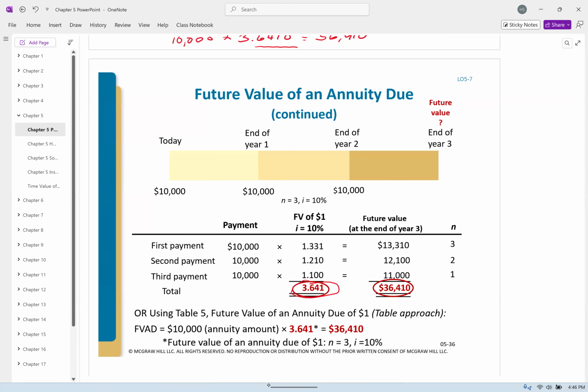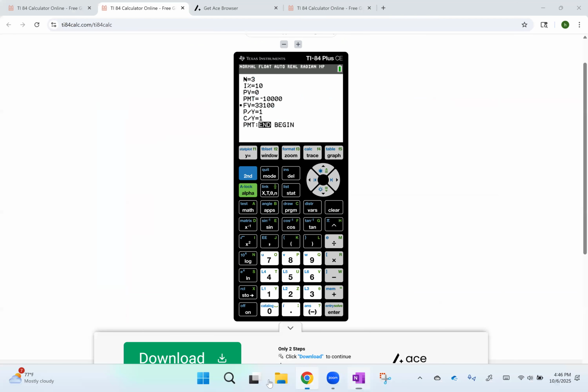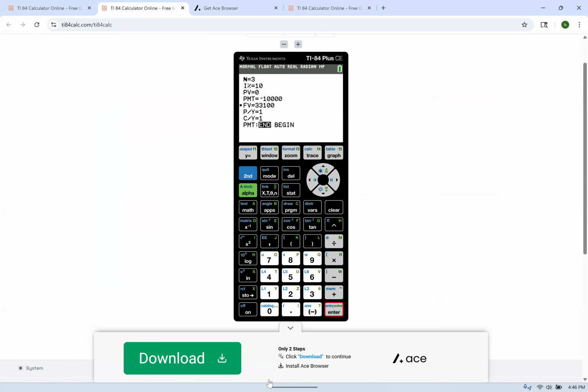Okay, let's come over here and let's look at the calculator. We still got 3 years, 10%. 10,000. Let's zero out that future value. And then we're going to come down here and you see where it says payment end. It defaults to end because that's an ordinary annuity. We are going to hit it to beginning to make it annuity due.